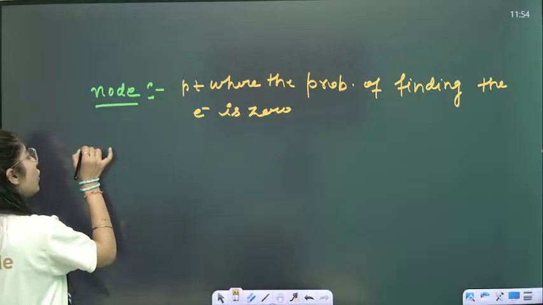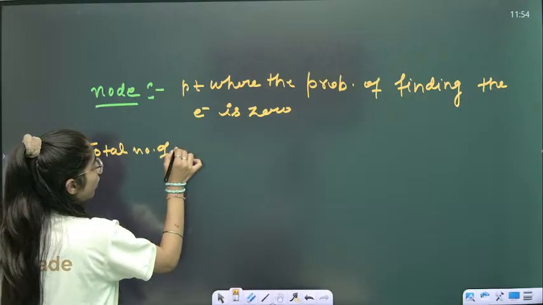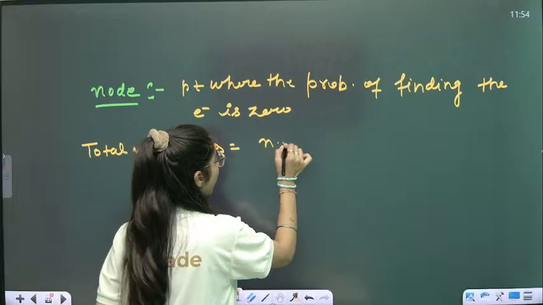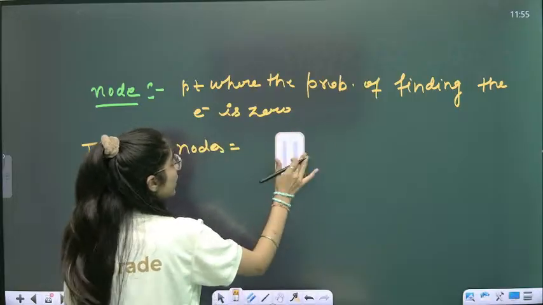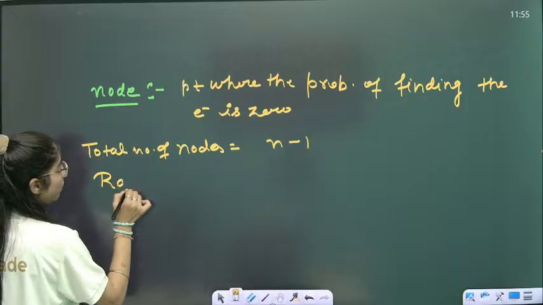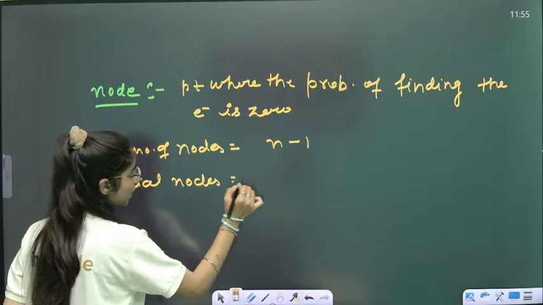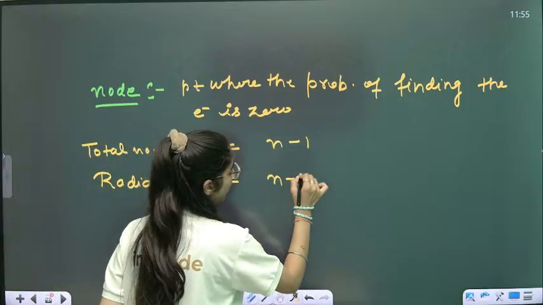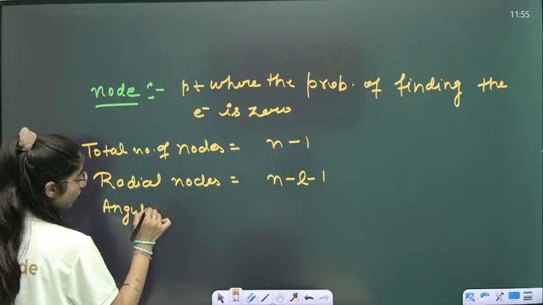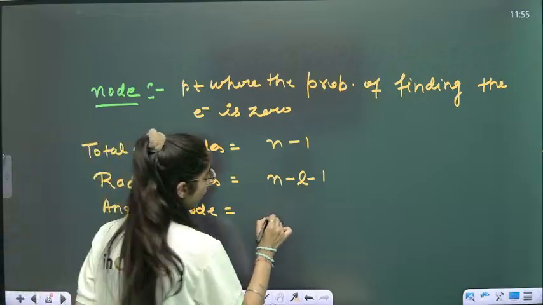So your total number of nodes will be given by the formula n minus 1. Your radial node will be equal to n minus l minus 1, and angular node will be equal to l.